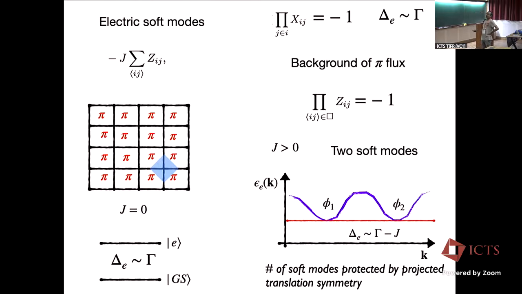Essentially, these two soft modes serve as the long wavelength low energy fields that describe the transition. As one increases J, the gap of the soft modes becomes lower and lower, and they collapse when gamma is of the order of J. Since these are bosons, they condense, and they give rise to this kind of crystalline order.